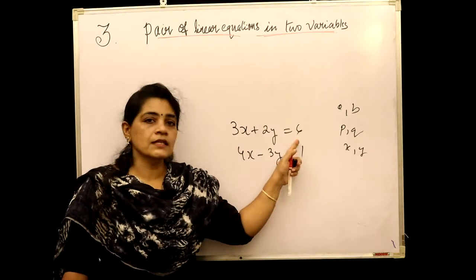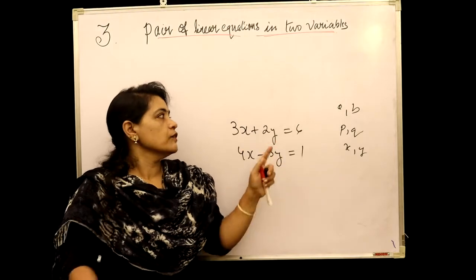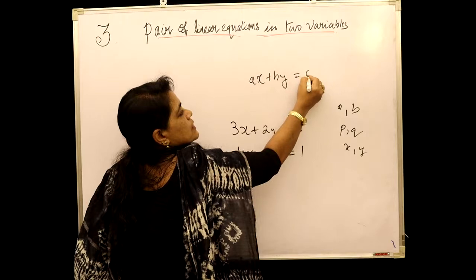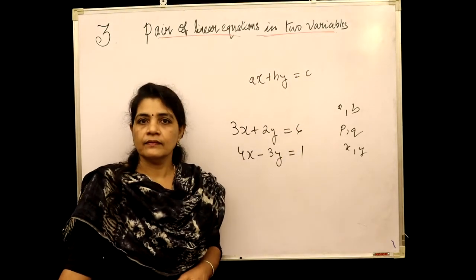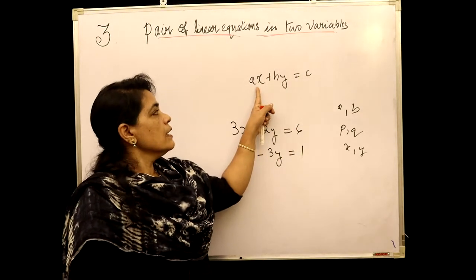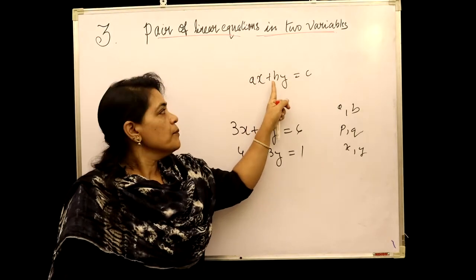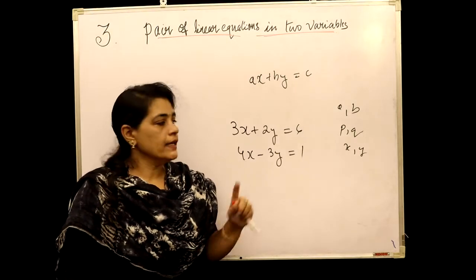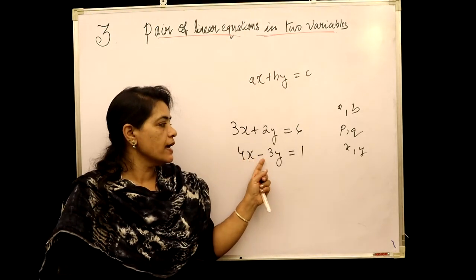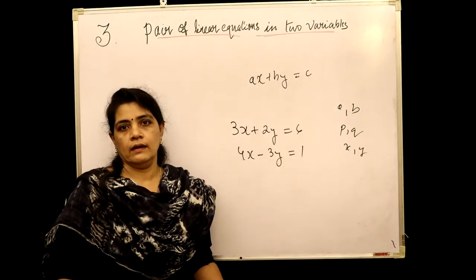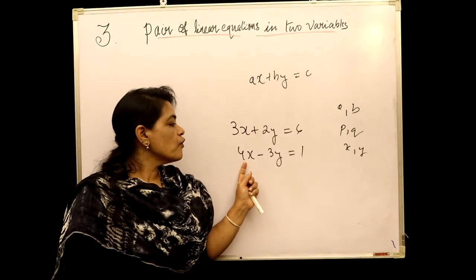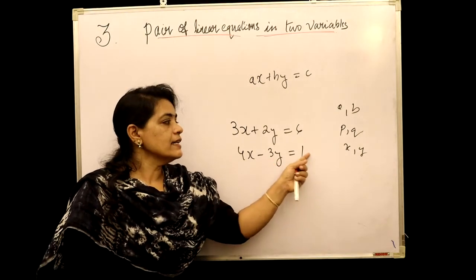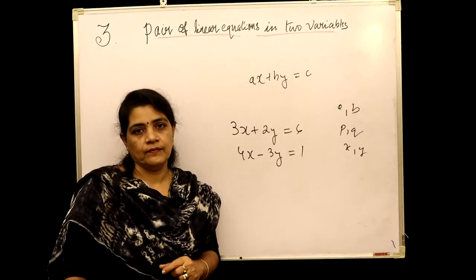If you look at these equations separately, each is of the form ax plus by equal to c. Here a is the coefficient of x, b is the coefficient of y, and c is the constant. And here, 4x minus 3y equal to 1, so 4 is the coefficient of x and minus 3 is the coefficient of y, and c, that is 1, is the constant.